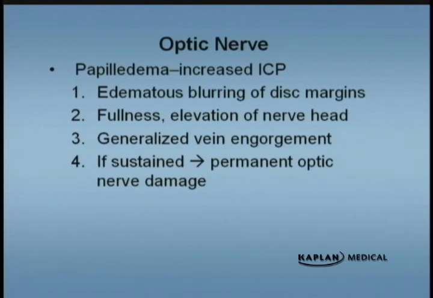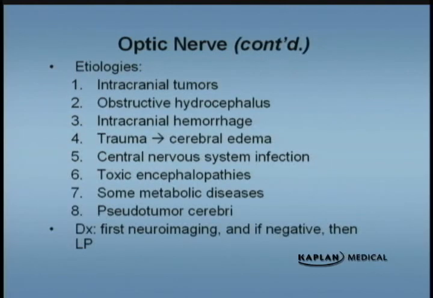Many times you will have other signs and symptoms such as headaches and vomiting, things like that. If it's a slow, gradual increase in intracranial pressure, you may not have too many of those signs and symptoms, and you will see papilledema. It can cause optic nerve damage if it's sustained for a long period of time, so that does present an emergency.